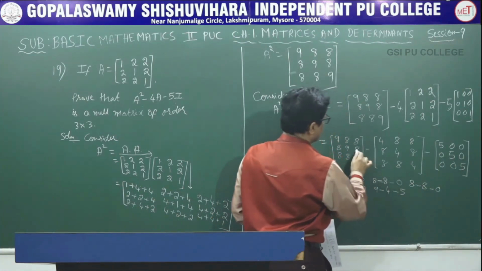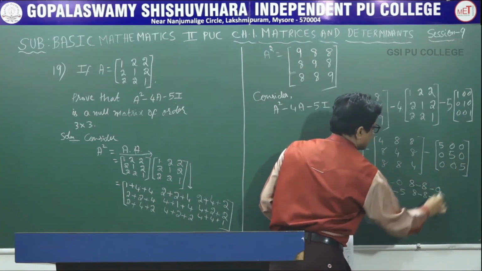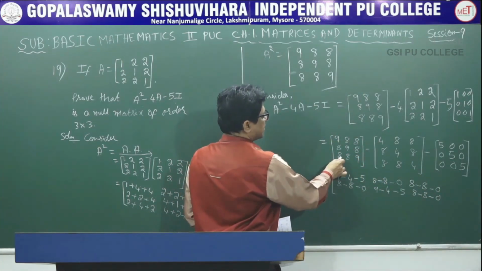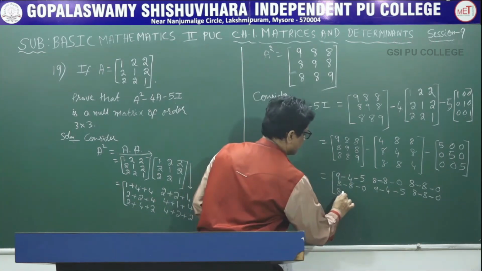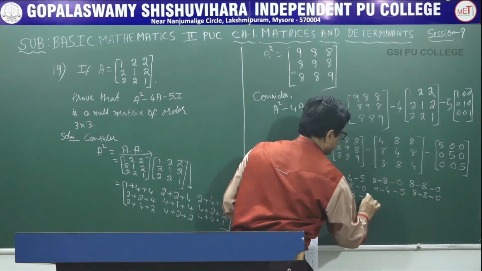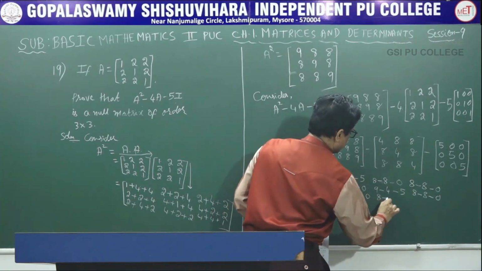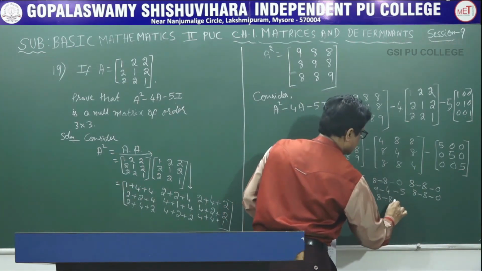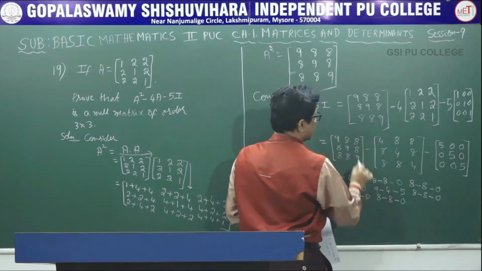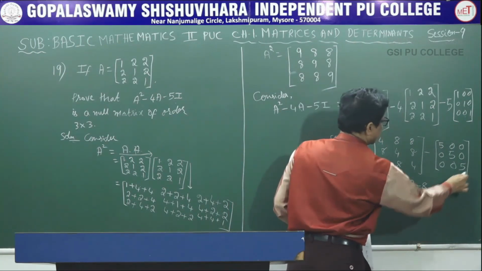And next element is 8 minus 8 minus 0. Next element is 8 minus 8 minus 0. Next element is 8 minus 8 minus 0. The last element is 9 minus 4 minus 5.